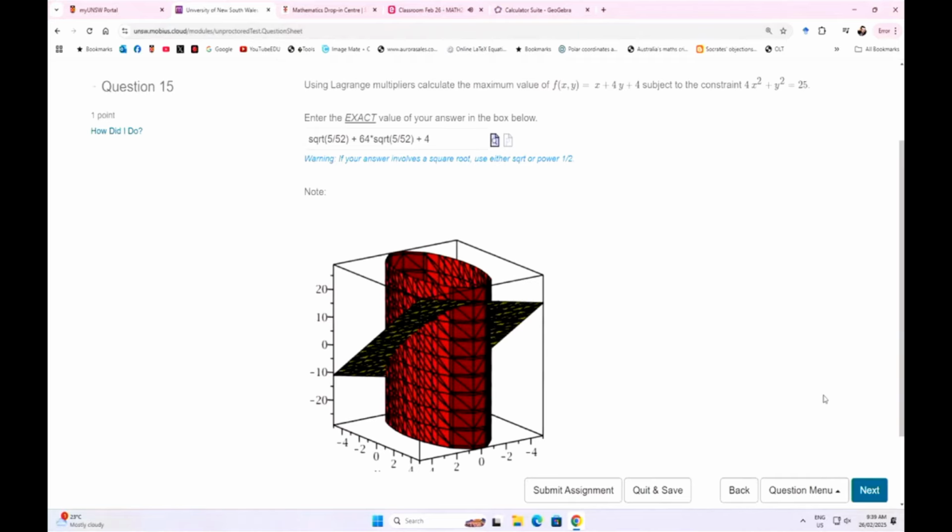Now, just a top tip: the picture's there for a reason, I think. I don't set these questions, but I think the picture is there to make your life easier, right? So just by looking at that picture, and I'm thinking about everyone at home as well, hopefully you can see the picture.